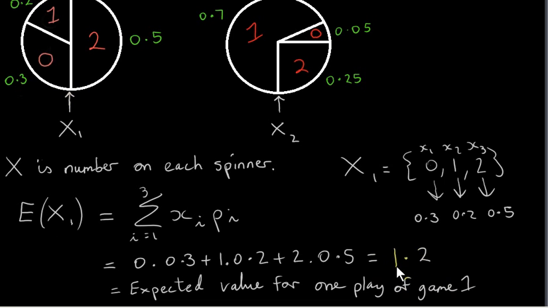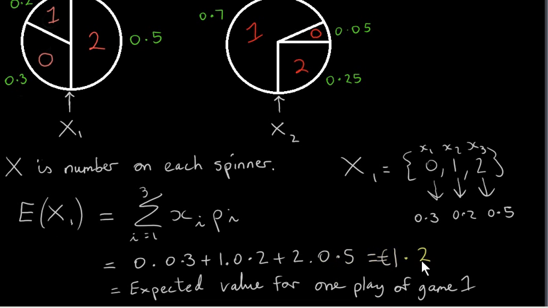Of course, we're not going to get 1.2 when we spin this spinner. We can only get 0 or 1 or 2, just these three whole numbers. We can't get 1.2, of course. So it's just an average. It's like saying an average family consists of 2.5 children. Anyway, so this is the expected value for one play of game 1, 1.2 euros.